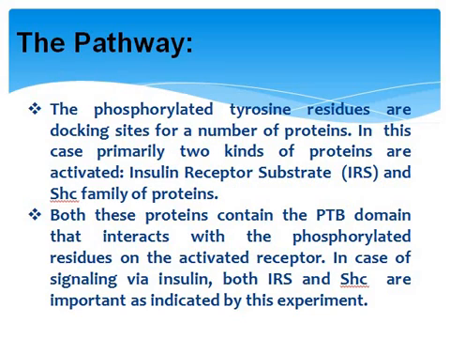In this case, primarily two kinds of proteins are activated: insulin receptor substrate IRS and the SHC family of proteins. Both these proteins contain the PTB domain that interacts with the phosphorylated residues on the activated receptor. In signaling via insulin, both IRS and SHC are important, as indicated by these experiments.